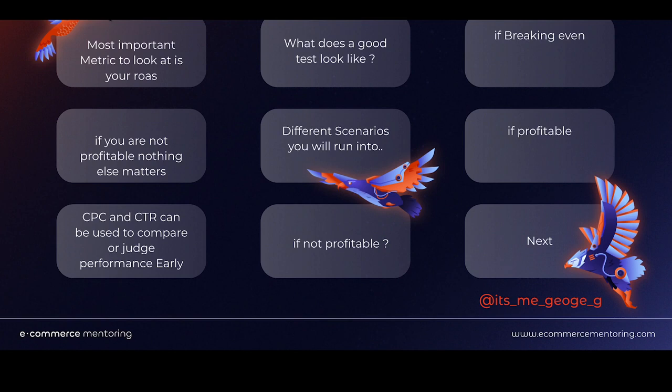What you can do is just turn off these bad assets after spending 2 times your AOV. So if your product price is $40 on your website and each one of these assets spends $80, I would then kill those bad assets if the results are bad, and I would keep the good one for a couple more days to see if it becomes profitable, like the whole campaign, for me to scale, okay? If profitable, of course, we move into scaling, which I'm going to talk about in the next slide.